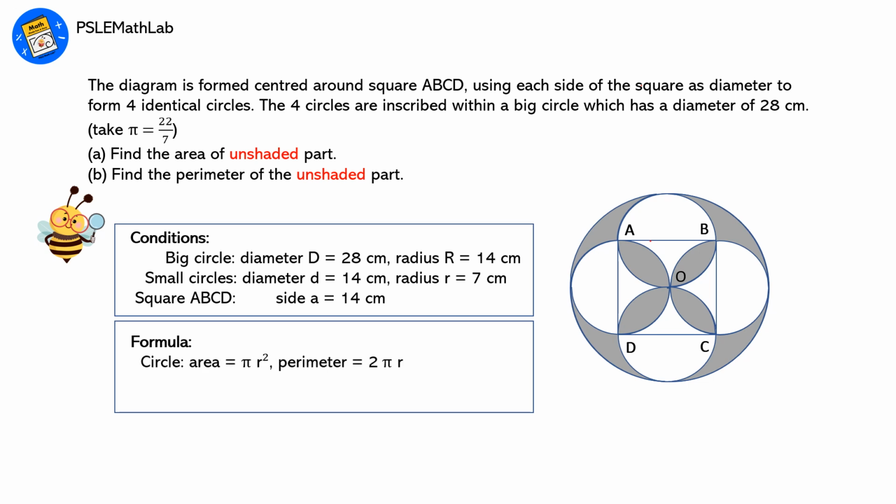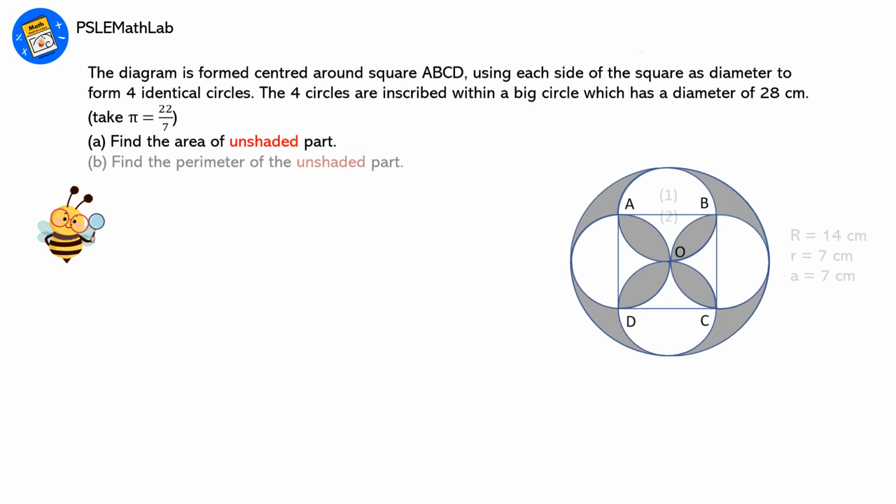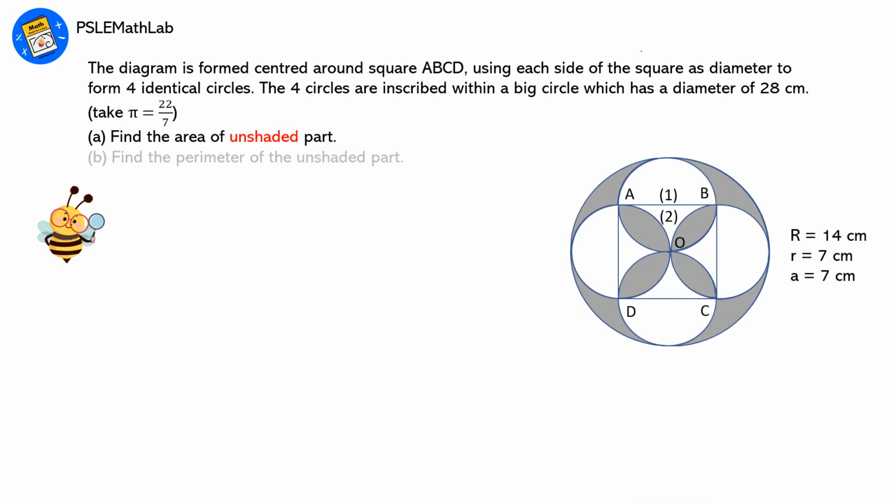How to calculate the areas and perimeter of the circle, and how to calculate the areas and perimeters of the square. So with this, we can move on to solving question A. From our earlier observations, we know that the total area of the unshaded part comprises 4 identical parts. Let's focus on identical part ABO.